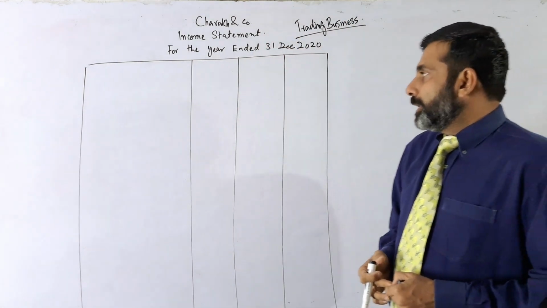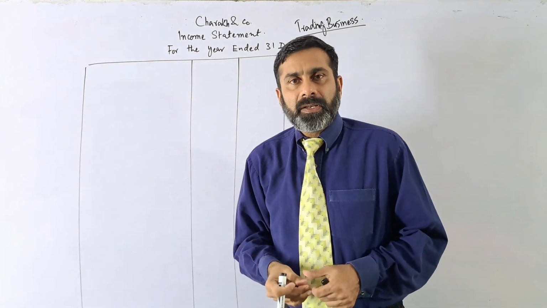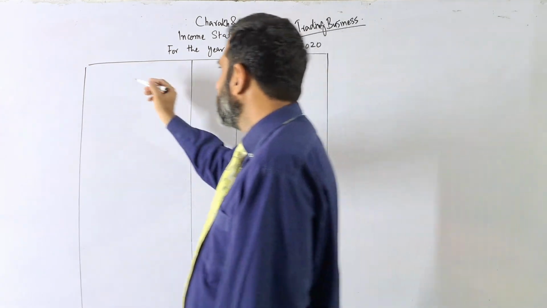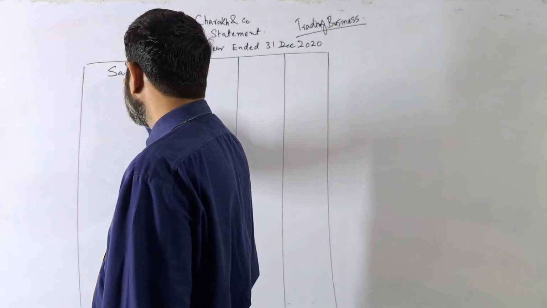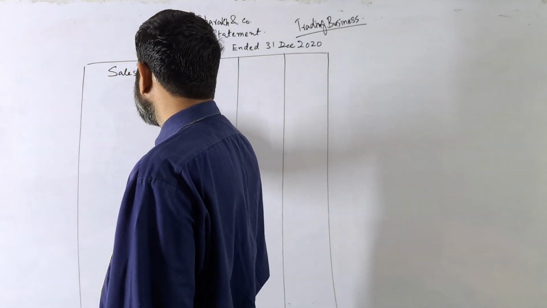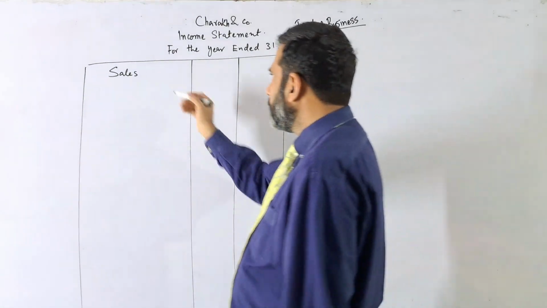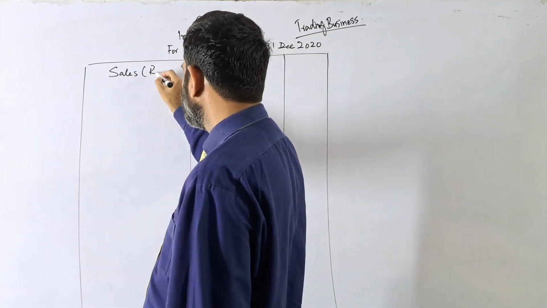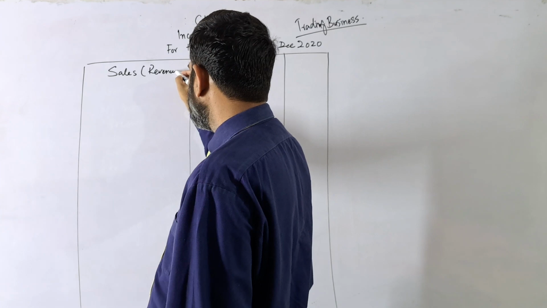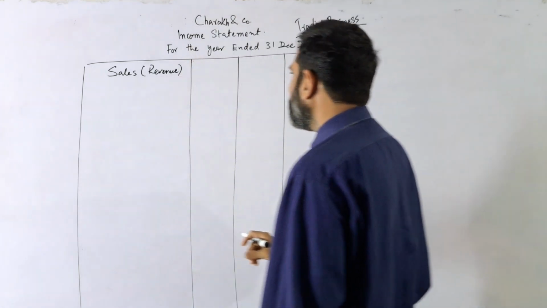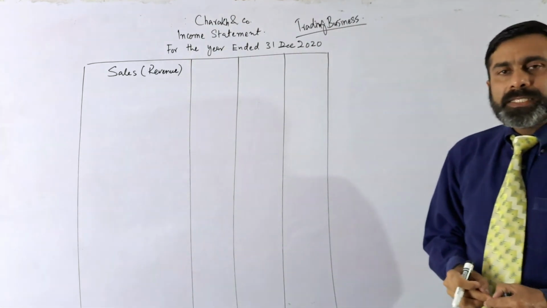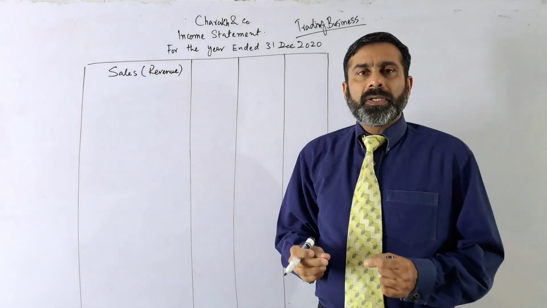Now the next thing, where will we start? We will start with the sales, or the other name may be the revenue. In the sales or revenue, we have to consider two things.